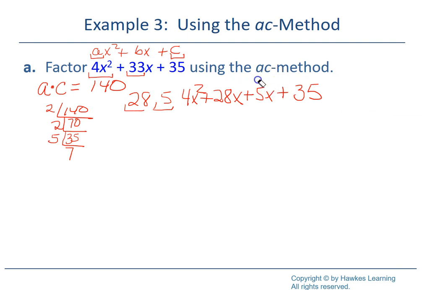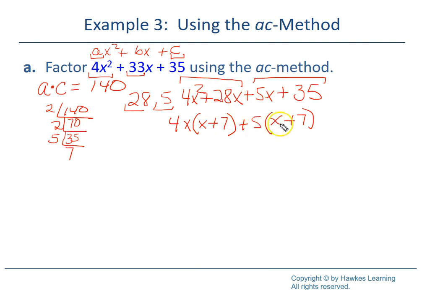So let's get rid of this, and we're going to factor this now by grouping. So what can I take out of my first 2 terms? Well, I can take out a 4x. And then I'm left with x plus 7. Now, what can I take out of these 2 terms? I can take out a plus 5, and I get an x plus 7. 2 lessons ago, this is what we did, factoring by grouping.